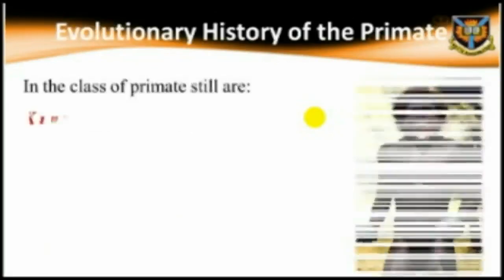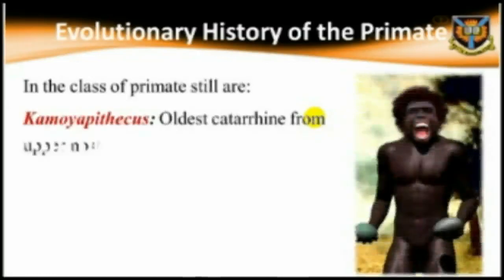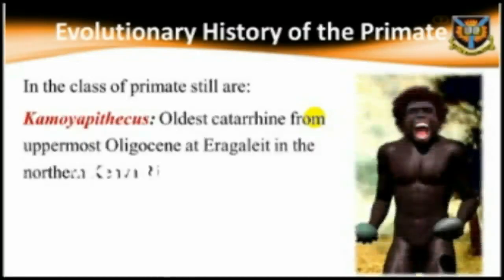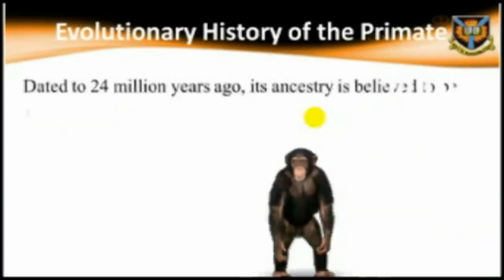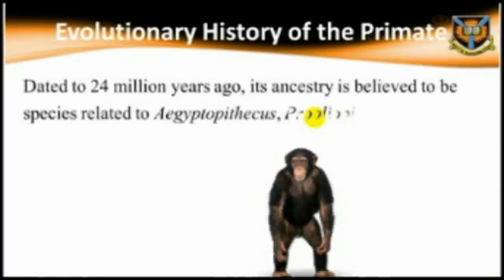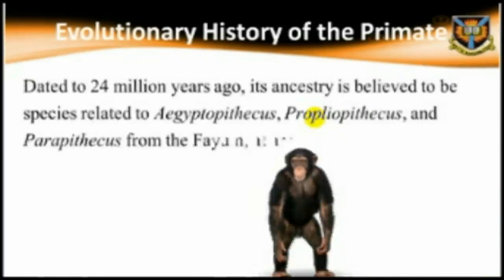In the class of primates still are Kamoyapithecus, oldest catarrhine from uppermost Oligocene at Eragaleit in the northern Kenya Rift Valley. Dated to 24 million years ago, its ancestry is believed to be species related to Aegyptopithecus, Propliopithecus, and Parapithecus from the Fayum at around 35 million years ago.